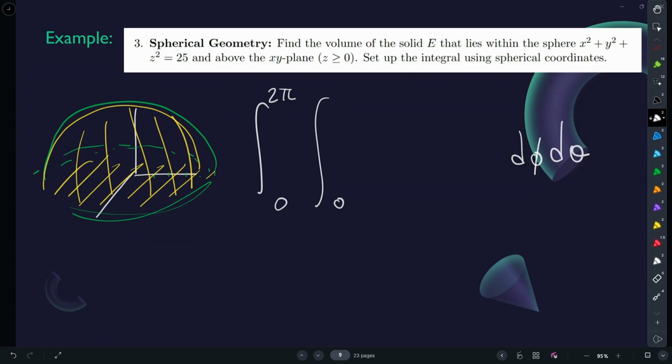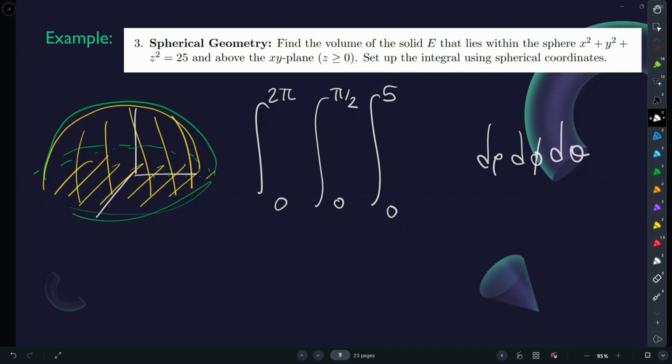The phi is going to go only 90 degrees. It goes from here all the way to 90 degrees, not beyond it, so it is going to go up to pi over 2. The rho goes up to the sphere, which is radius 5, so I'm going to go in rho from 0 to 5.